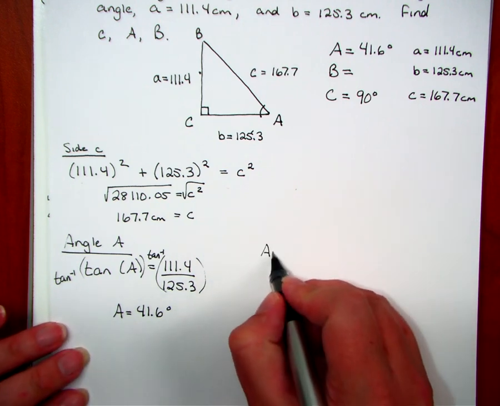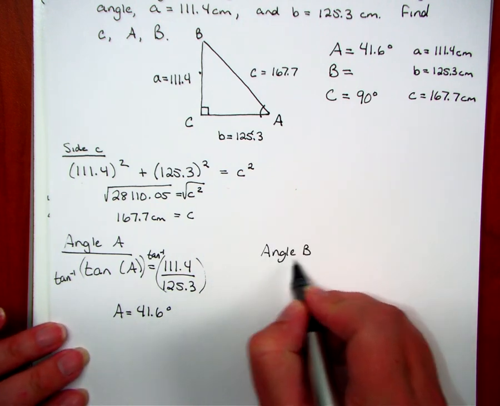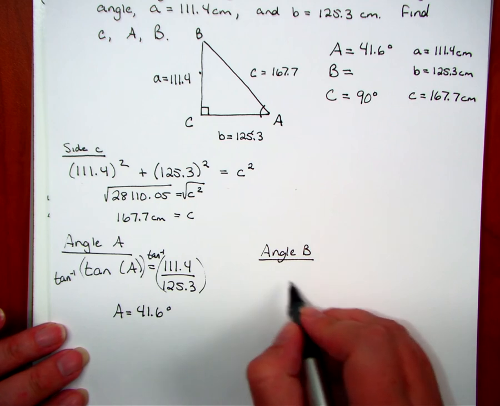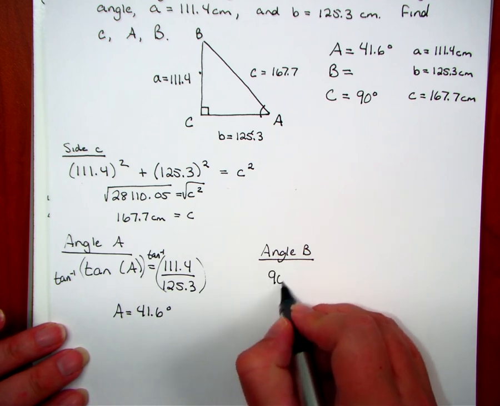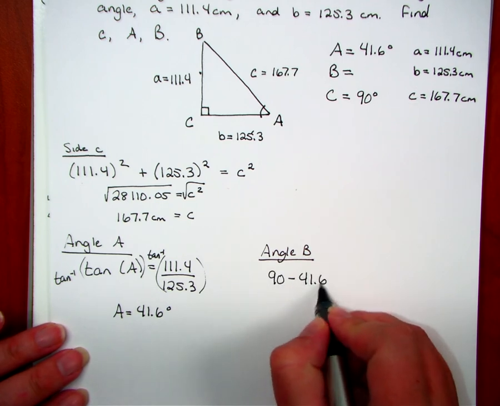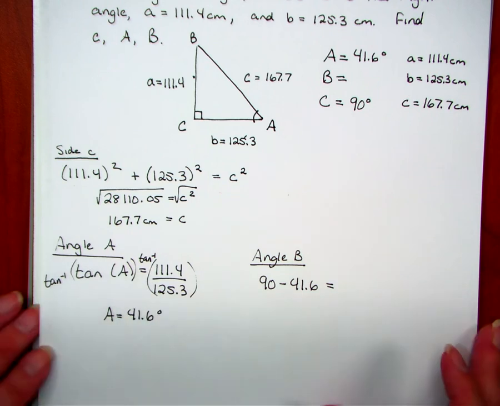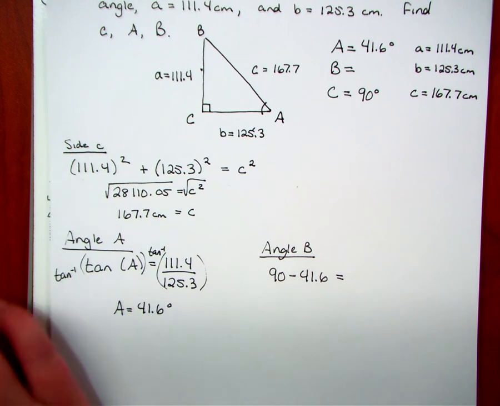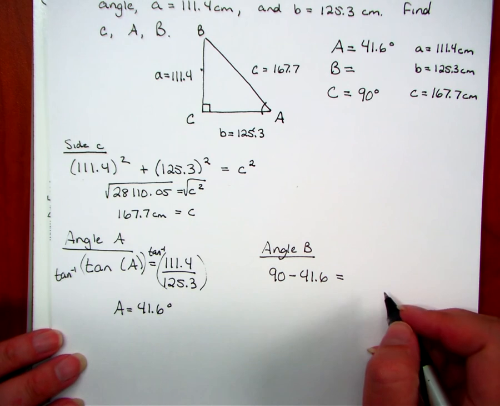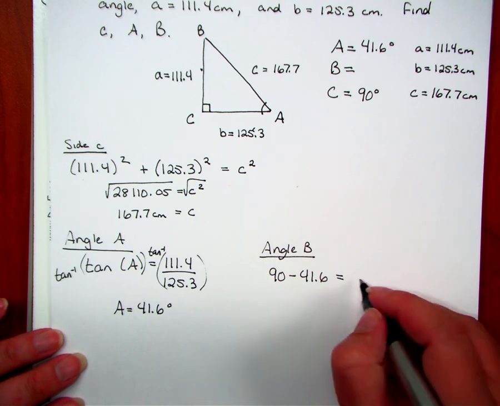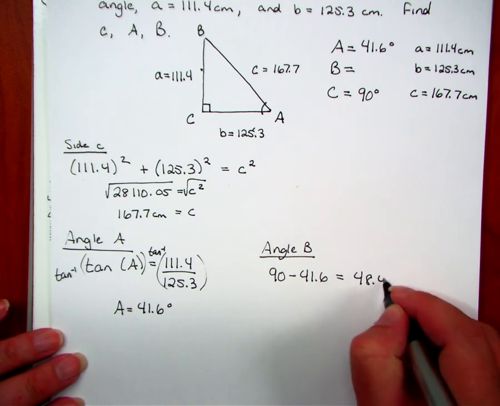So angle B, I'm just going to do 90 minus 41.6 because A and B add up to 90 degrees. And so 90 minus 41.6 is 48.4.